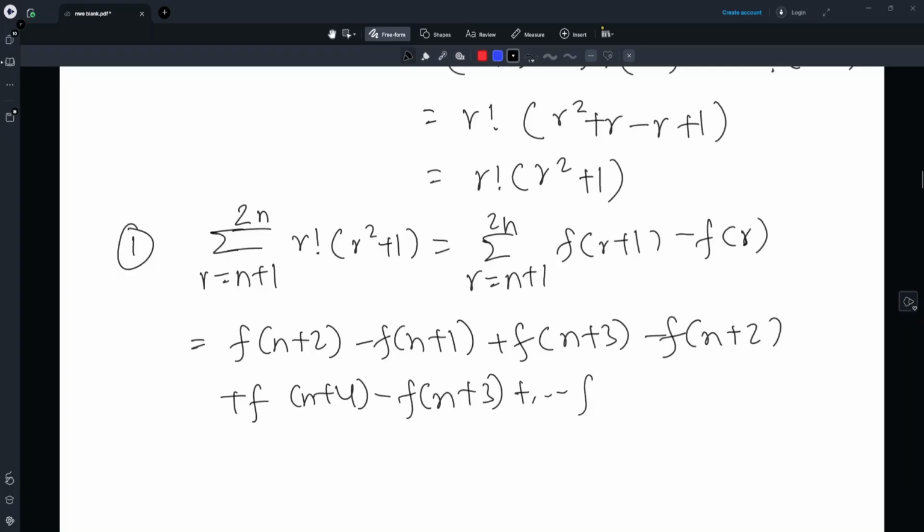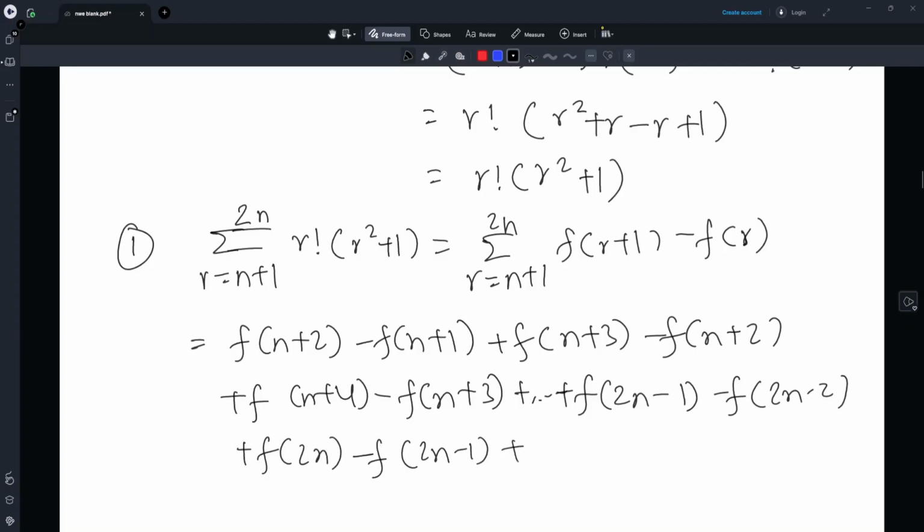Then we have f of, I'm going to start off with 2n minus 1. So we have here, no, 2n minus 2. So we have here 2n minus 1 minus f of 2n minus 2 plus f of 2n minus f of 2n minus 1 plus f of 2n plus 1 minus f of 2n.